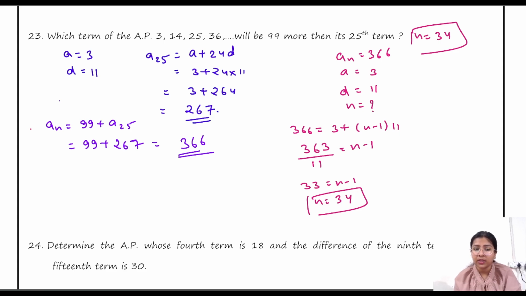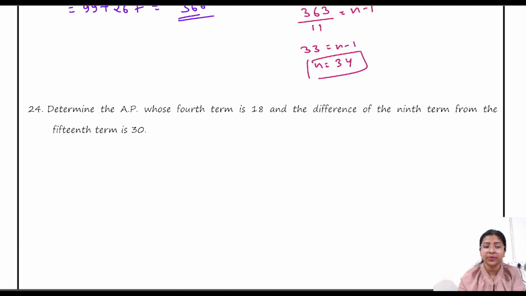Both questions can be asked: either they can ask the term, or they can ask the term along with its position. So the term is 366 and its position is 34. This question is clear to you learners? Okay, now the next question.